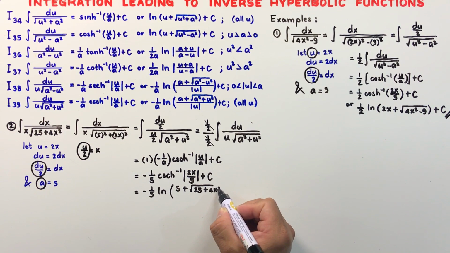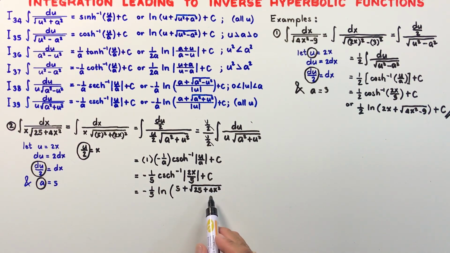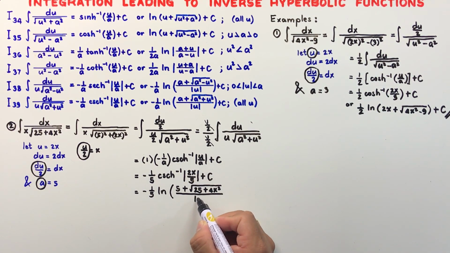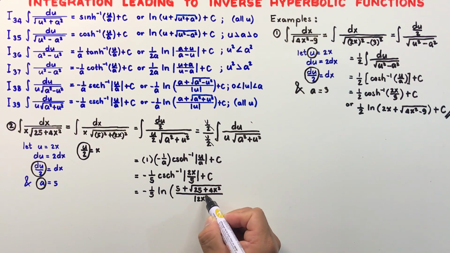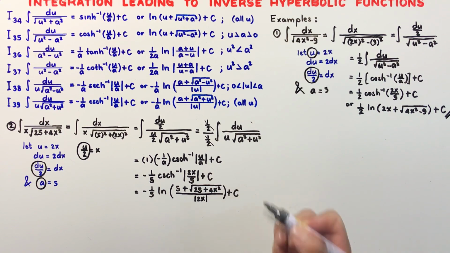And since our u is 2x, when you square u, we have 4x squared. And this is over the absolute value of your u, which is 2x. And this is added to the constant of integration c. So this is our answer for our example number 2.